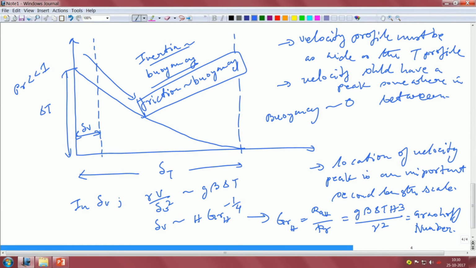In other words, the delta V, that layer thickness that we have found out, this second thickness, is given by once again H into the Grashof number. Grashof number is Rayleigh number and Prandtl number. So, once again you see that the scaling is still H into Rayleigh number to the power of minus 1/4, and it has been compressed, or changed by a factor involving the Prandtl number.